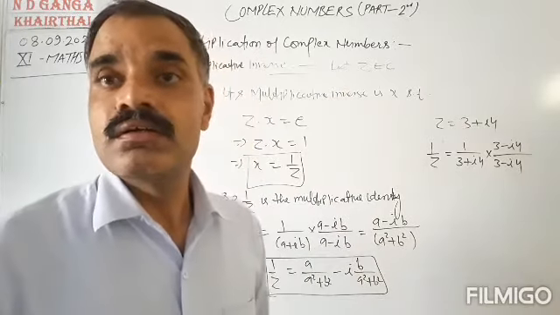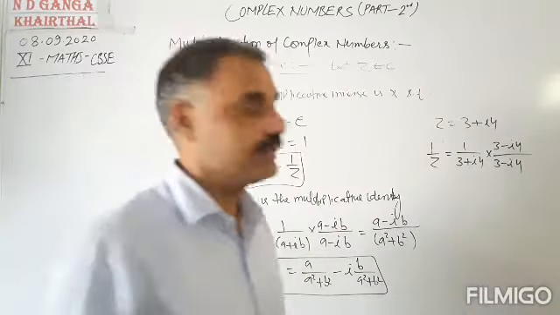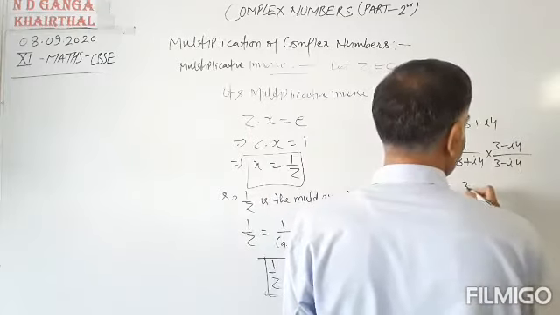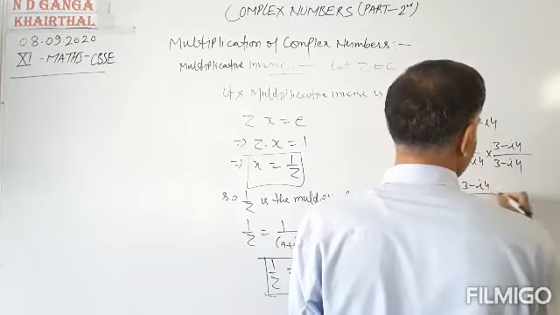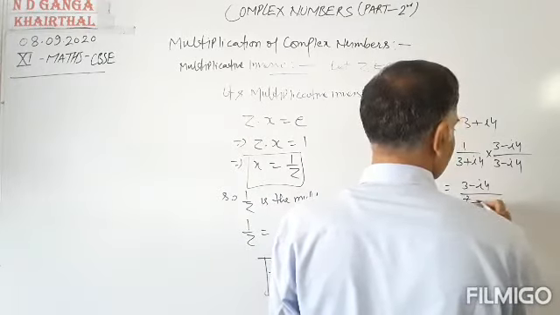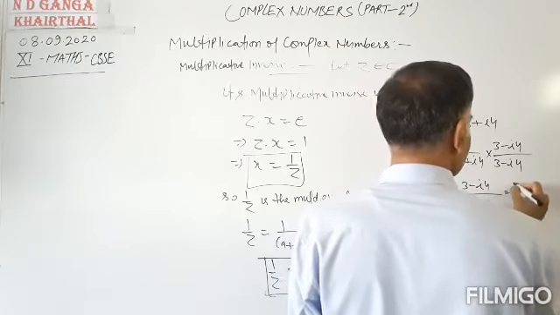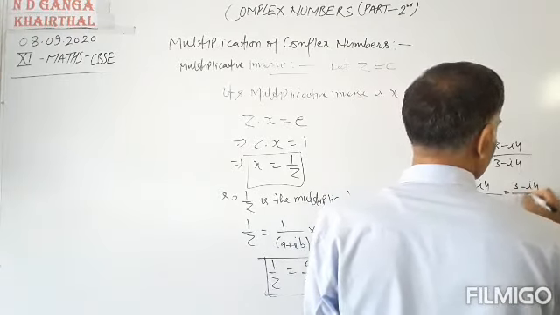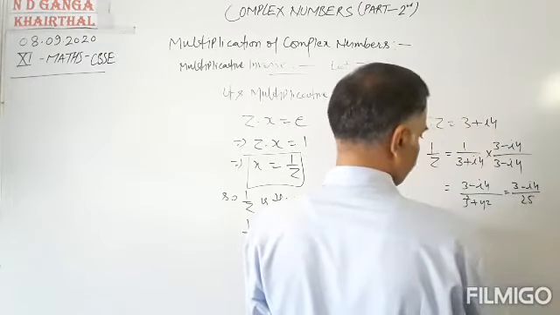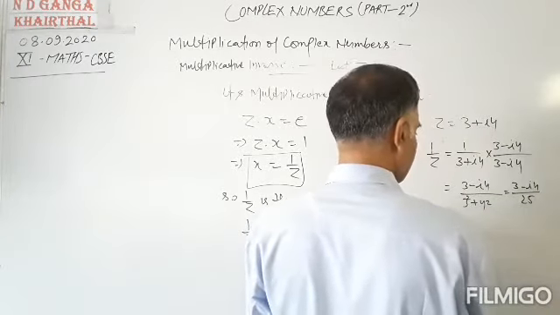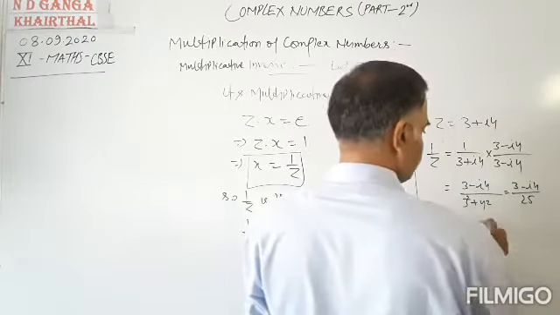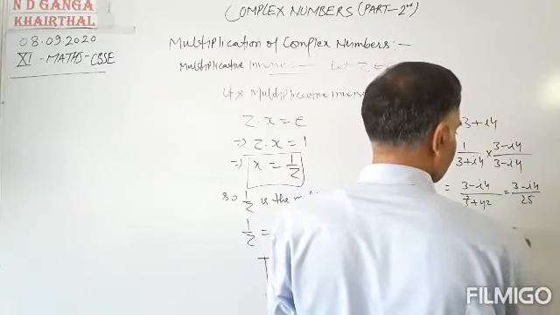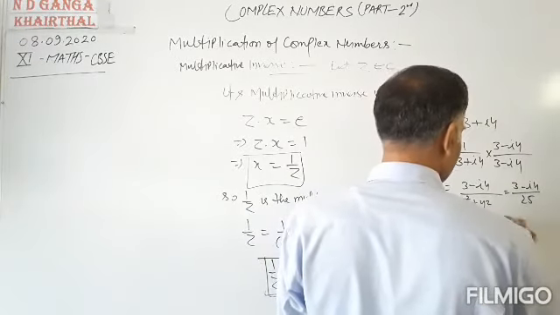Multiplying by the conjugate, that is 3 minus iota 4, this equals 3 minus iota 4 divided by 3 square plus 4 square, that is 3 minus iota 4 upon 25. So 1 upon Z equals 3 upon 25 minus iota into 4 upon 25.